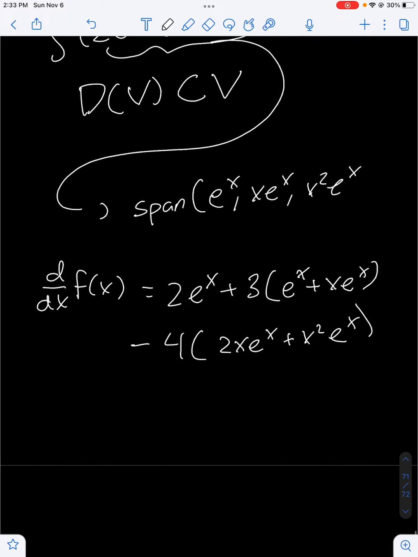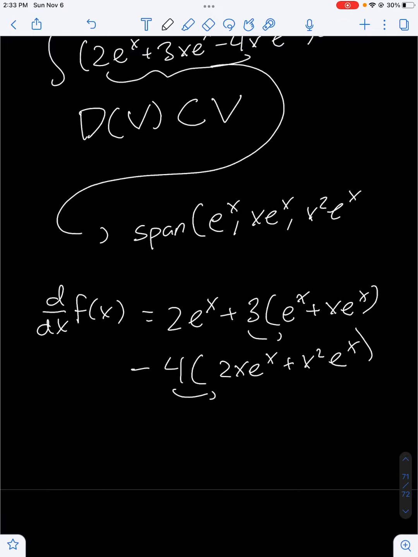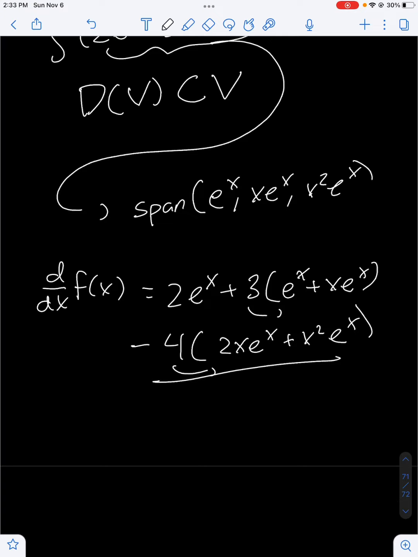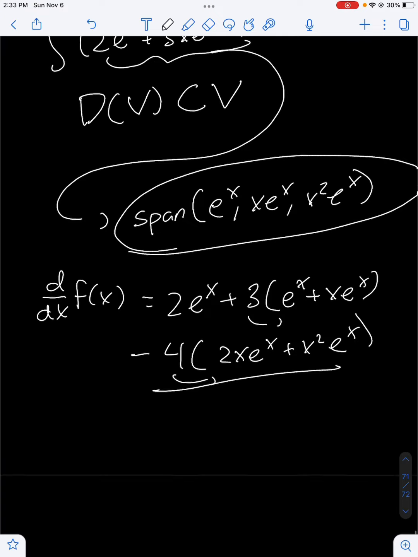And you guys can see that if we just distribute all these on the inside, this is going to be in the span of our vector space.